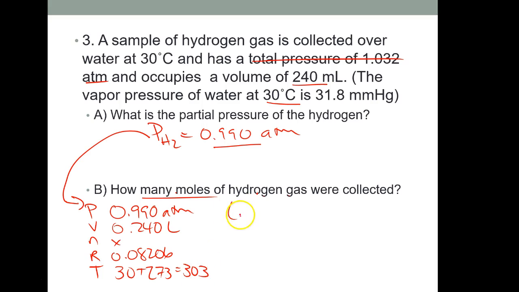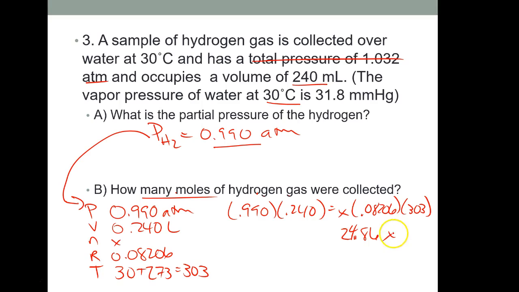So putting it into the ideal gas law, doing some multiplication, on the right side I get 24.86x, and on the left side I get 0.2376.